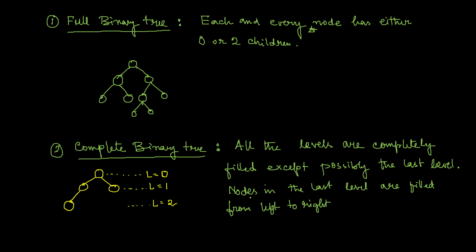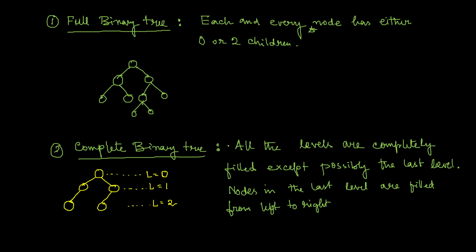Second point is that nodes in the last level are filled from left to right. That means first the farthest left, and at the end it will be filled with the farthest right. That means as I have added this one, next time if I add this one over here, this tree will no more remain a complete binary tree, because obviously all the levels are completely filled except possibly the last level.